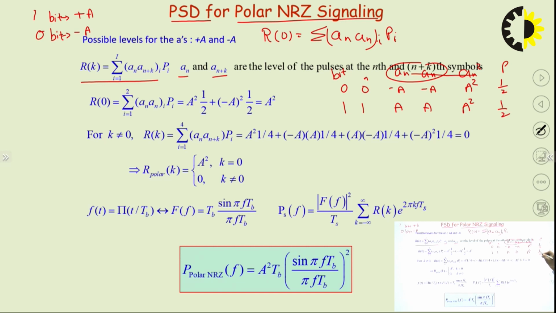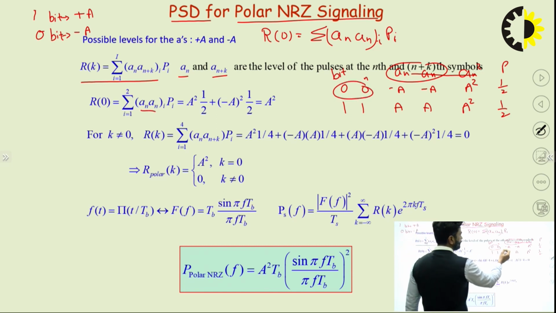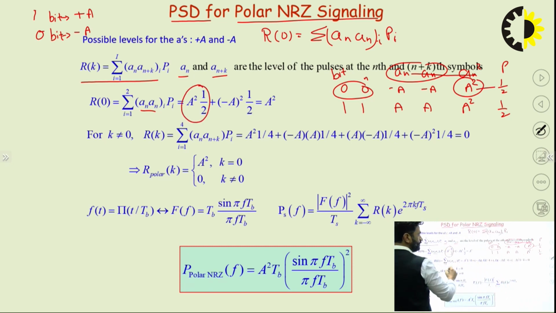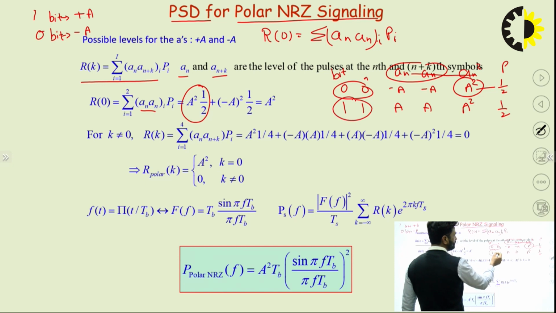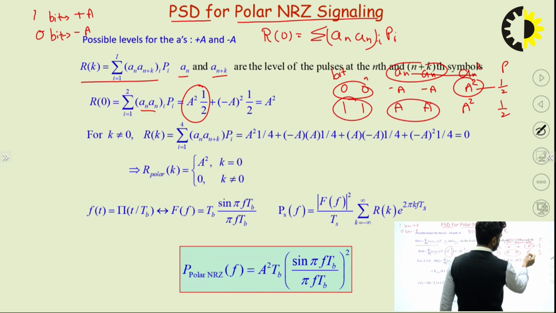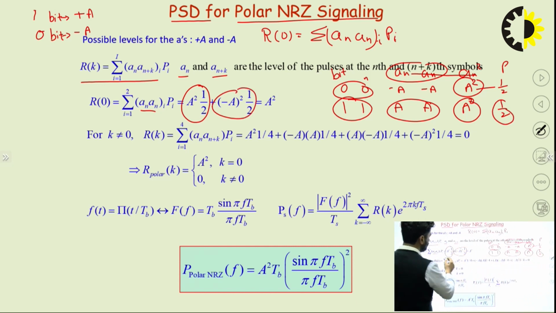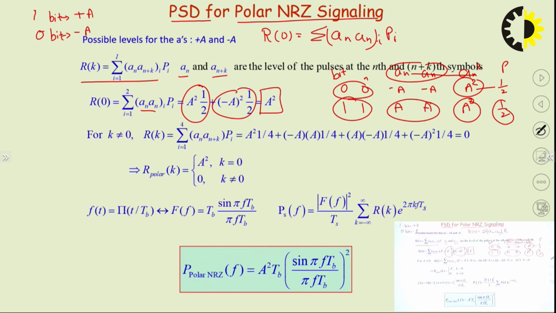Applying the formula: if bit 0 is transmitted, the voltage assigned gives A square and the probability is 1 by 2. If bit 1 is transmitted, the same, A square with probability 1 by 2. After combining them, the autocorrelation function at k equal to 0 is A square.